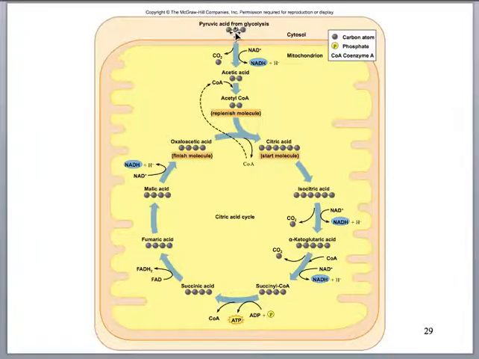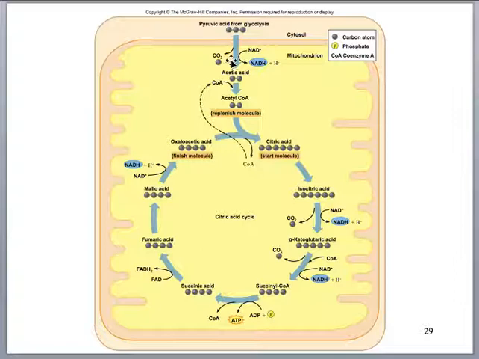Remember, the pyruvic acid is a 3-carbon molecule, half of the glucose that we started with. One of those carbons gets split off as CO2. Remember, this is a waste byproduct that we will eventually have to exhale.